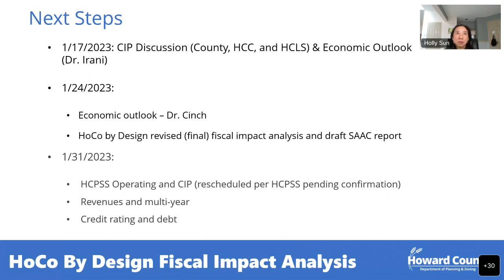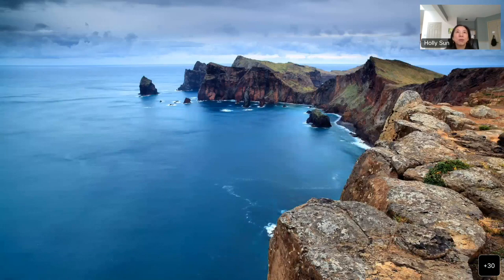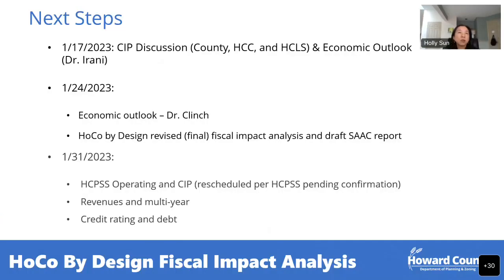And remember, this year we'll have a special charge for a very brief but important report related to the HOCO by design fiscal impact analysis. We'll bring it here for the committee to review, and we'll try to send it in advance as well, so that we can comment on it and try to finalize it by the end of January, which is when it's due to the county executive. The following week is also going to be important because that's the last lecture session.